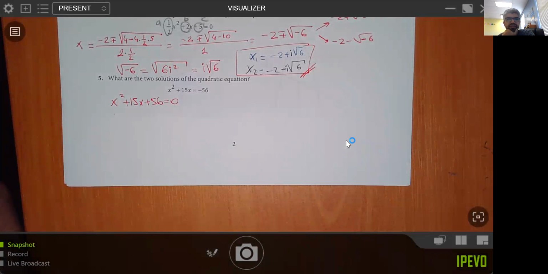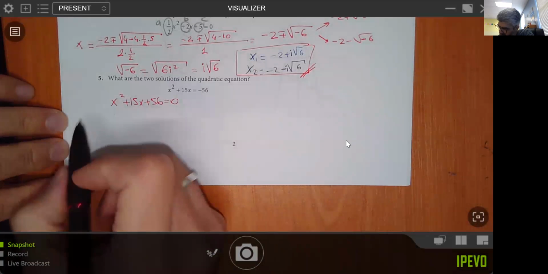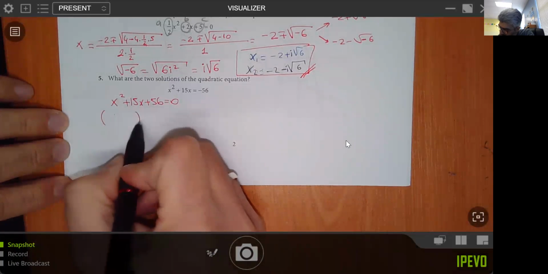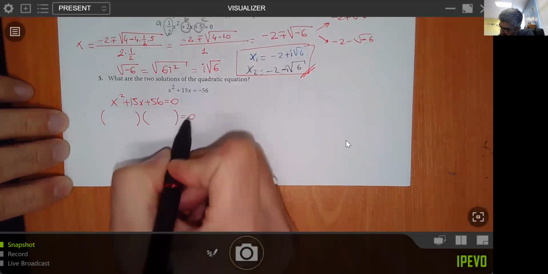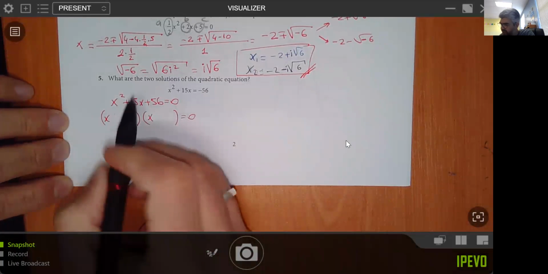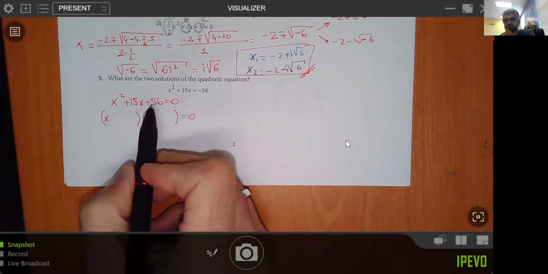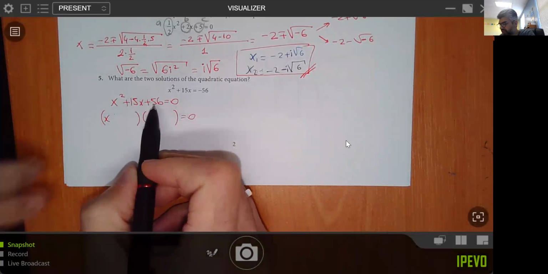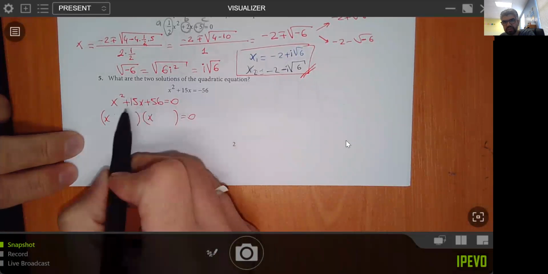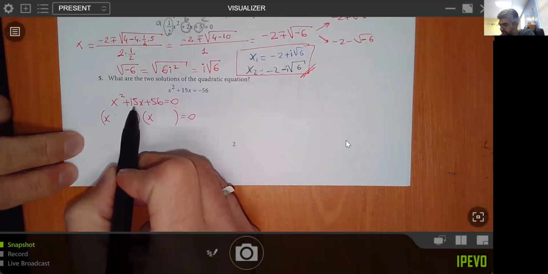Guys, can I solve it by factoring? Because it's easier, right? Instead of quadratic formula, let's try to use factoring. For 56, are there any two numbers whose product gives 56 and sum gives 15?